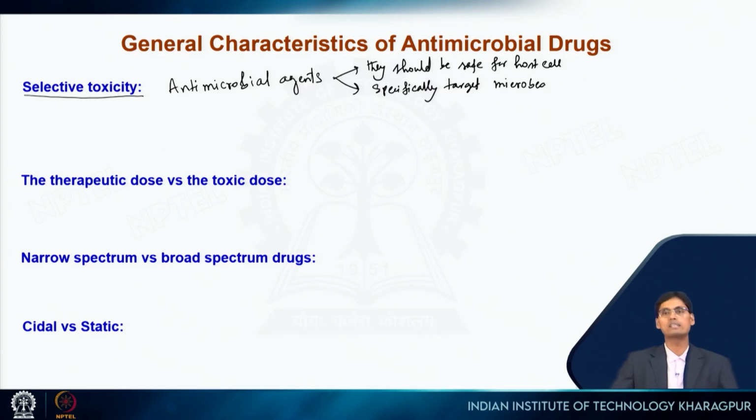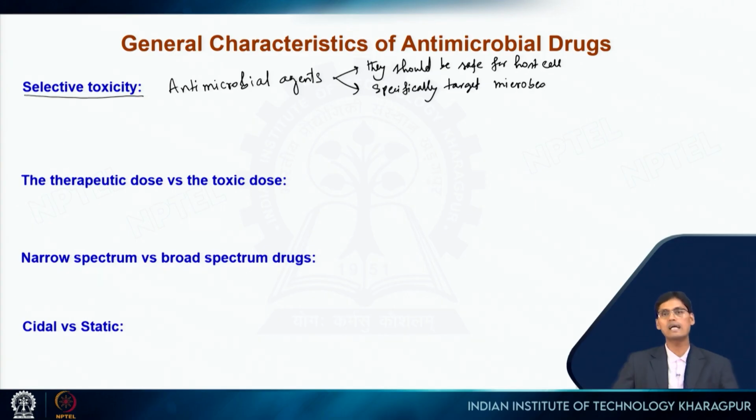Just if I give you one example, like bacteria, when they infect us, then we can try to target some particular activity, some particular metabolism inside bacteria. So for example, we know that the eukaryotic ribosome and the prokaryotic ribosome differ.